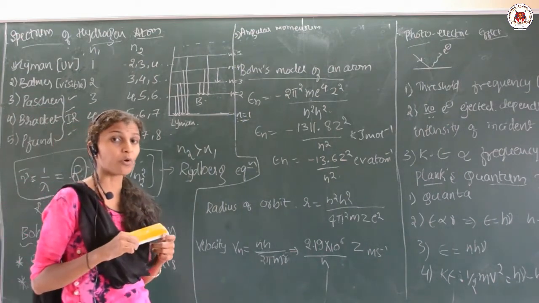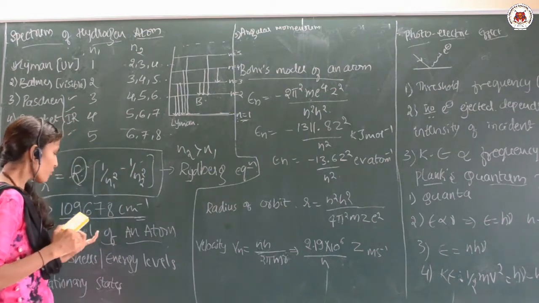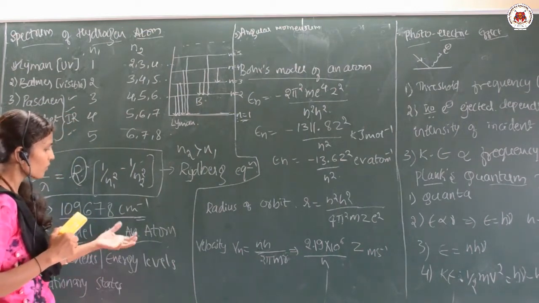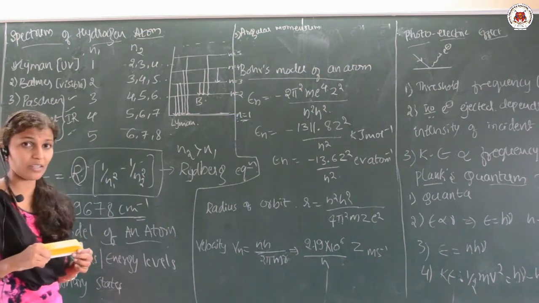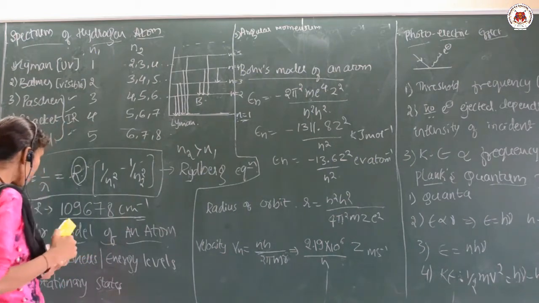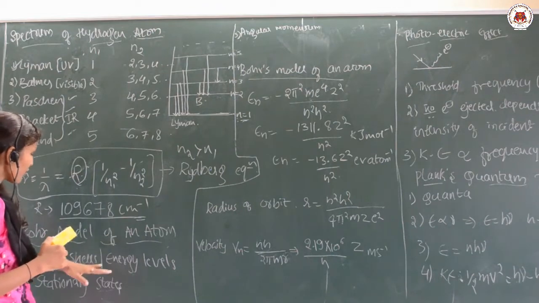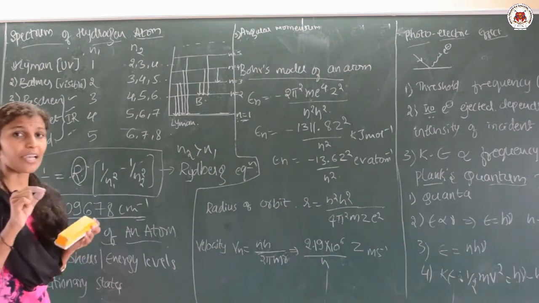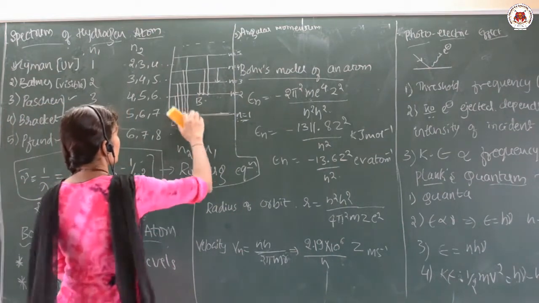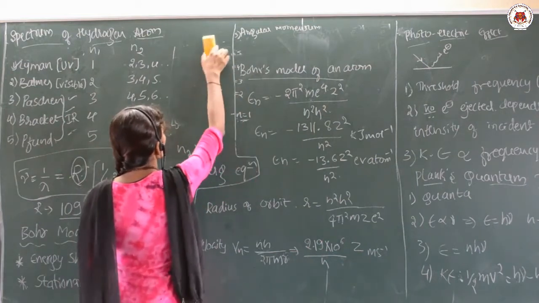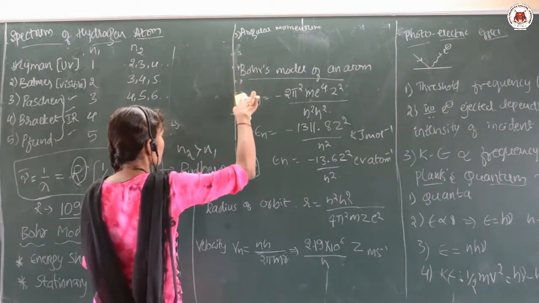Scientist Niels Bohr proposed a model in order to explain some ideas regarding atoms. Okay, the first one: Bohr's model first postulate is that the electrons are revolving. Let us take here the structure.